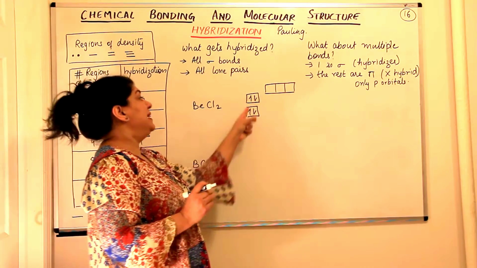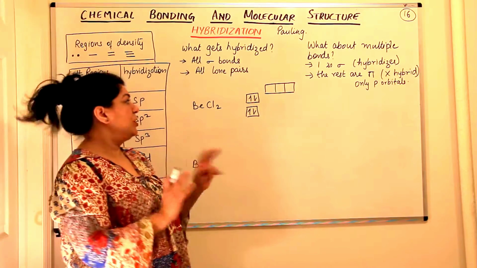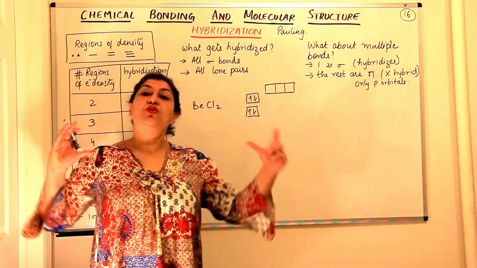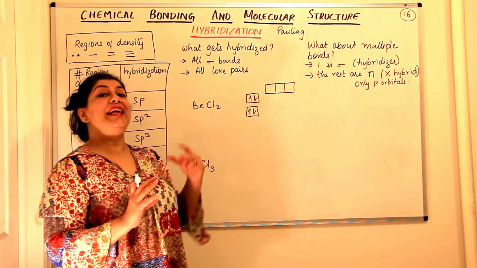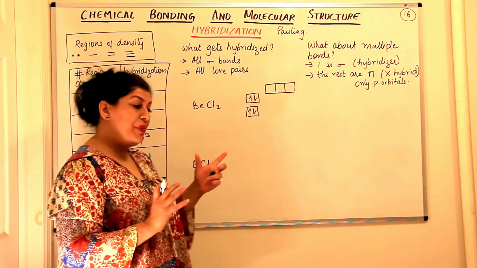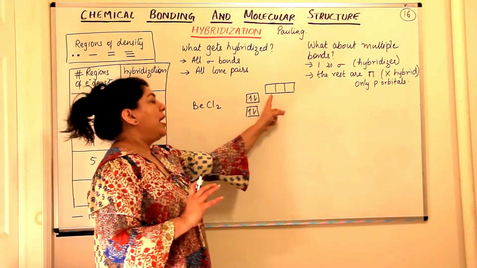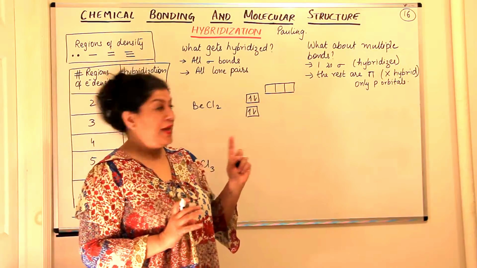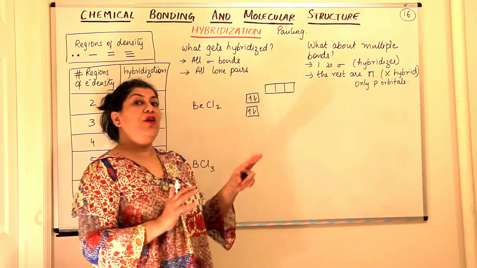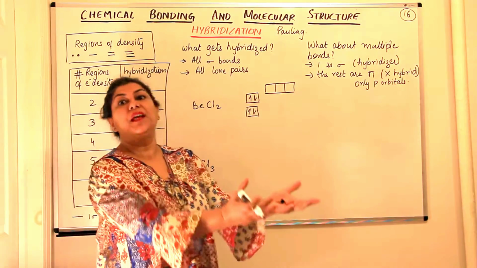So, there are no paired electrons in the ground state, but when there are 2 chlorine atoms around beryllium, that is when beryllium gets excited. You remember, I told you that empty orbitals cannot participate in hybridization, and also you cannot have empty orbitals participating in bonding.